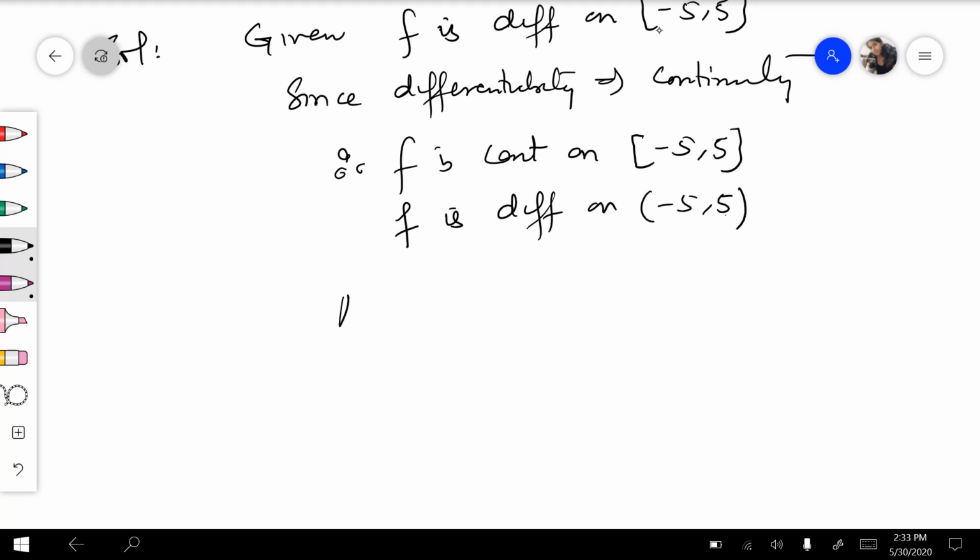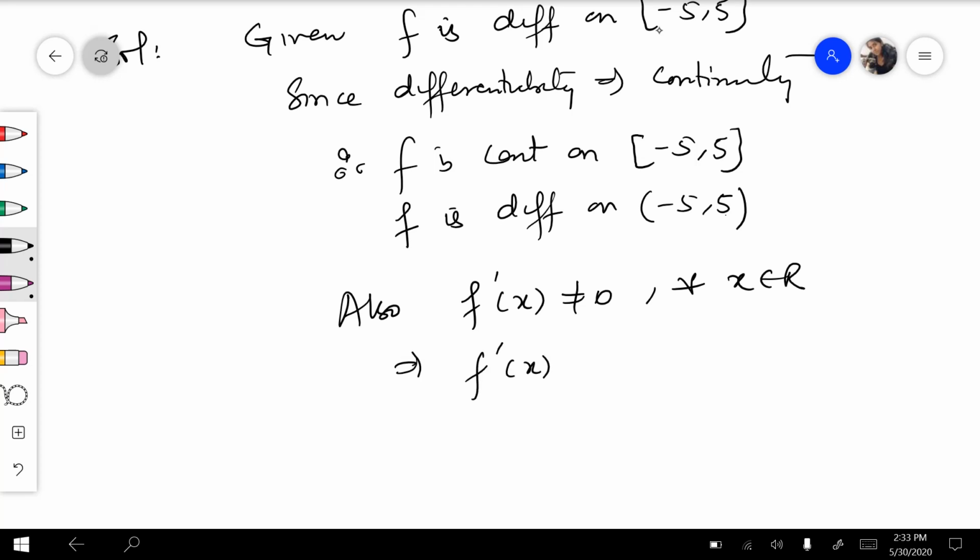Okay. Also, it is given that f dash x is not equal to 0 for every x belongs to R. This means f dash x is not equal to 0 for every x belongs to -5 to 5.